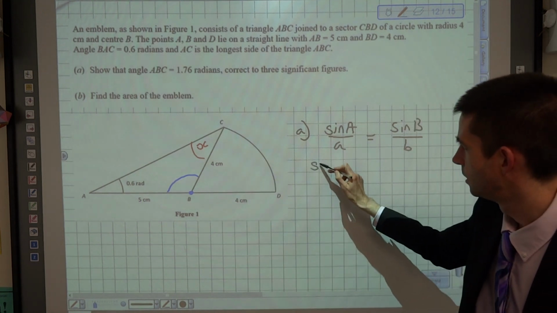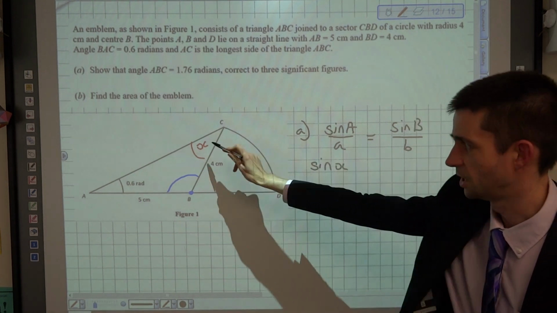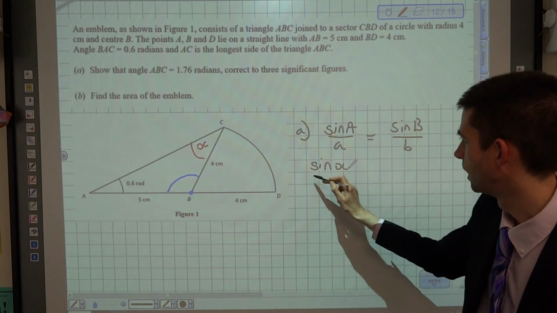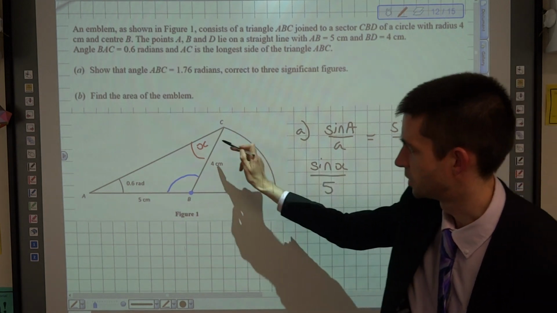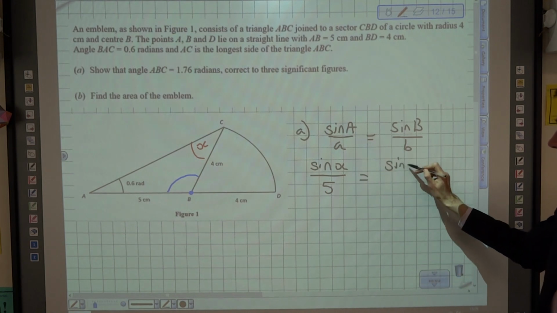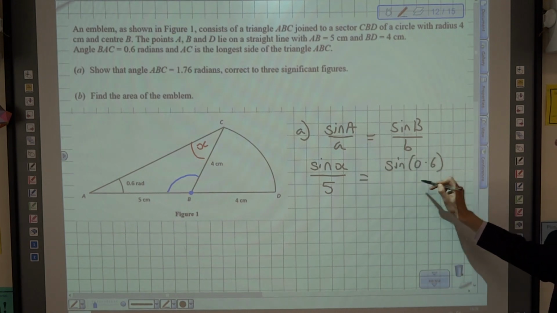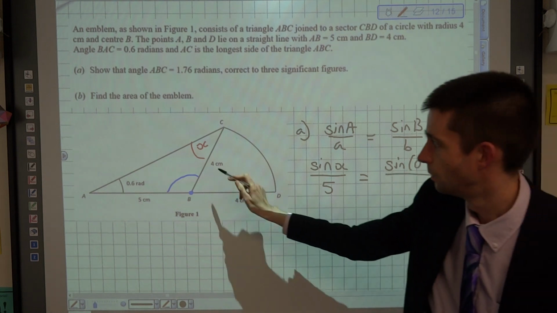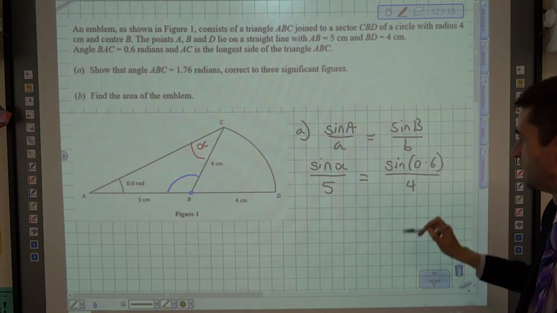So sine x, which is this angle here, over 5, which is the side that's opposite to the angle, is equal to sine of 0.6 over 4, which is the side opposite that angle.